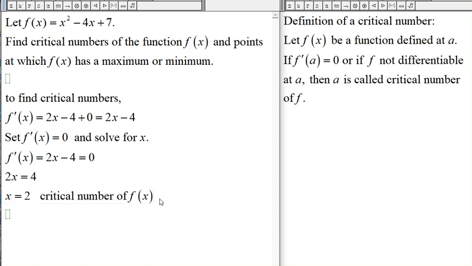And then now we do f of 2, evaluate the function at 2, and see what we get.